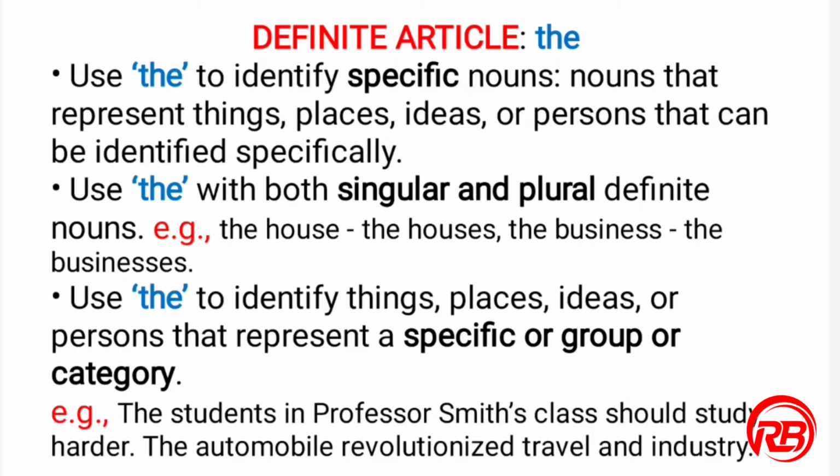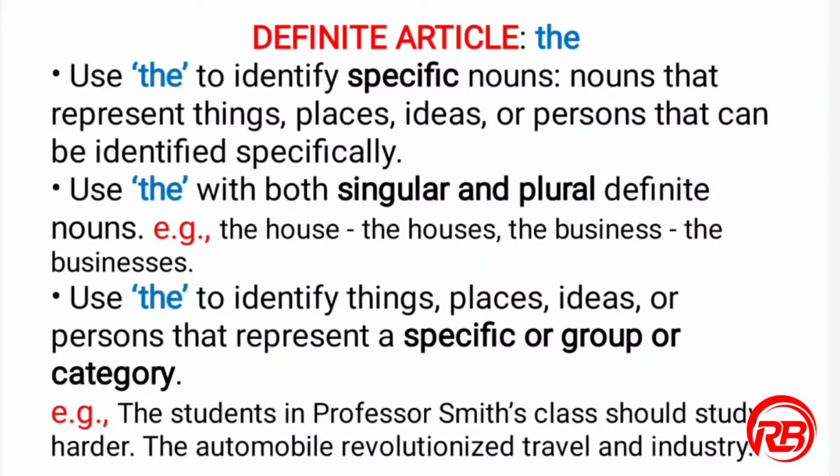Use the to identify things, places, ideas or persons that represent a specific group or category. We can use the to specify a group. For example, the students in Professor Smith's class should study harder.